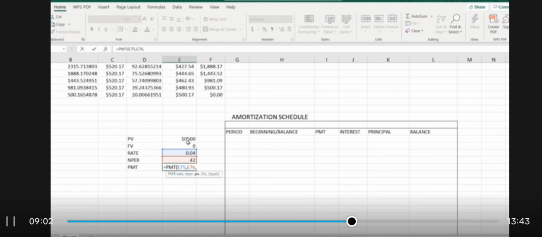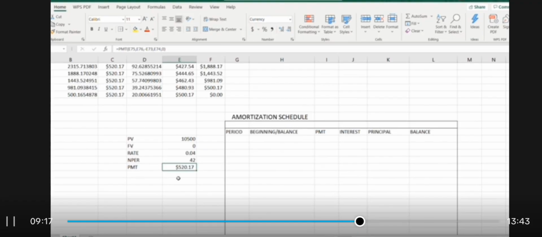Then we put a negative PV, or the principal amount, comma, the FV, comma, then 0, since it is the end of the period that we are going to pay. Then close parentheses, enter, and now this will be our PMT.